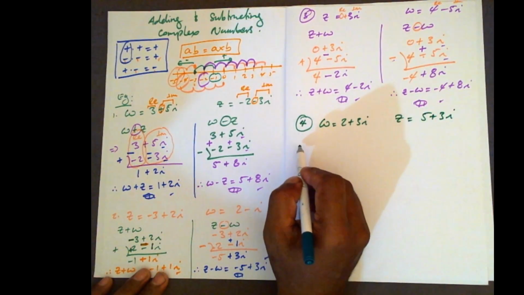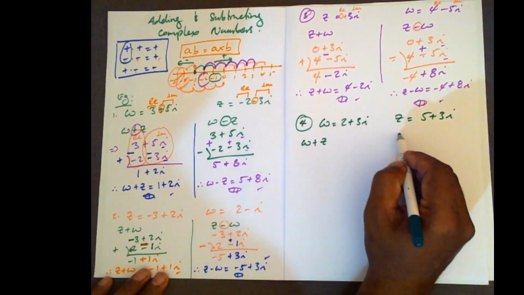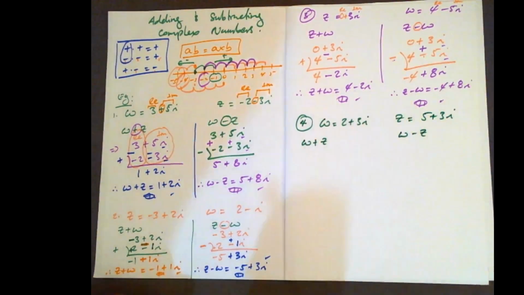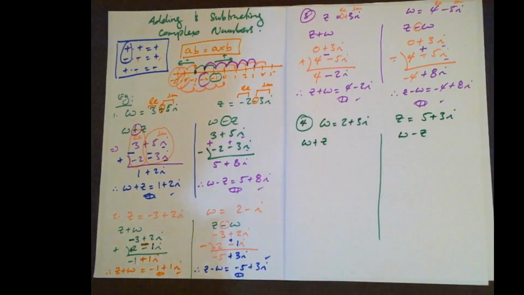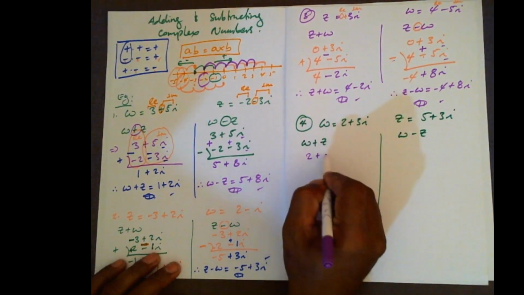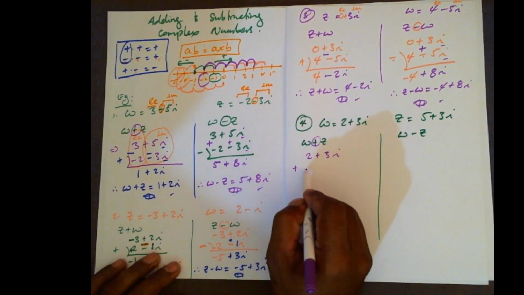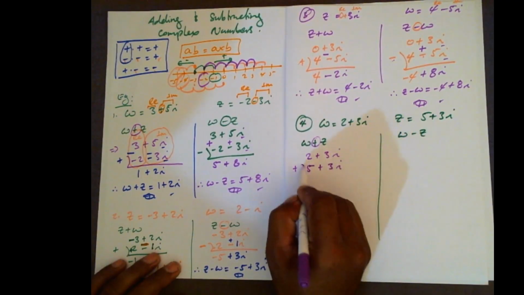Our task is to find what is omega plus z and what is omega minus z. Concept is the same. What is our omega? Our omega is 2 plus 3i plus, what is our z? Our z is 5 plus 3i.